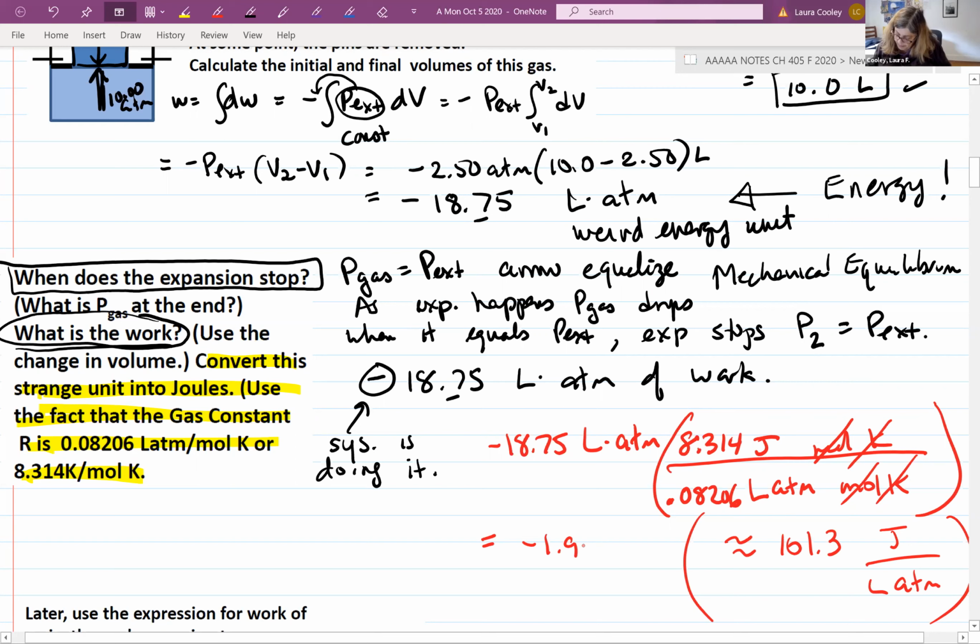Hold on a minute. Oh, it's the same old thing. I don't even know what's going on here. How come there's 2 different things?